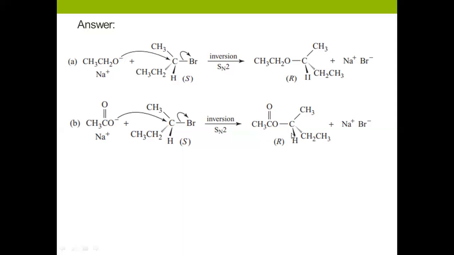Okay? This is just the shortcut way of knowing the configuration.